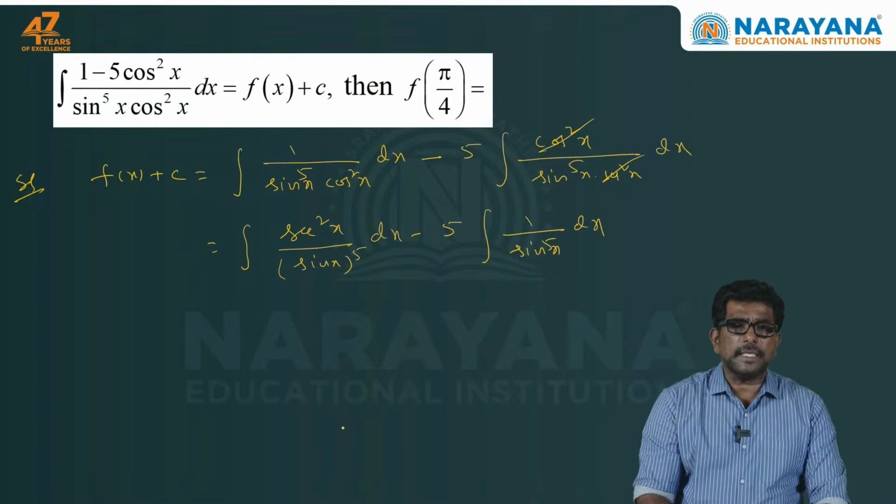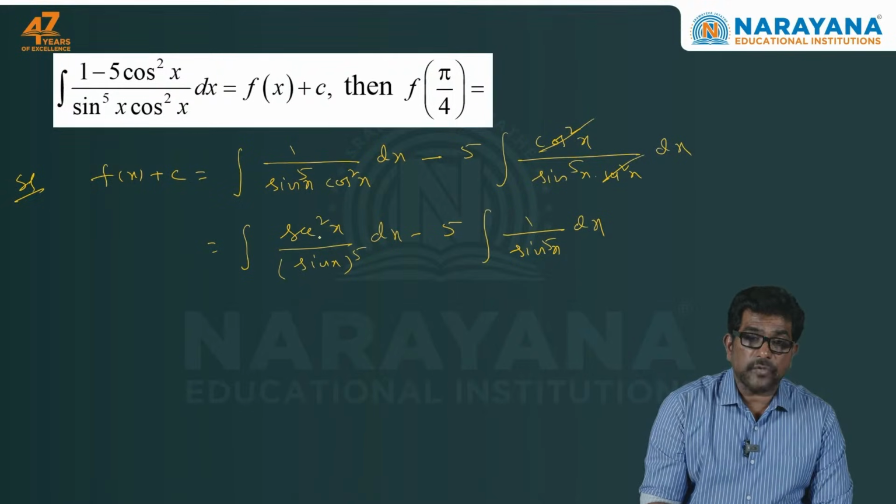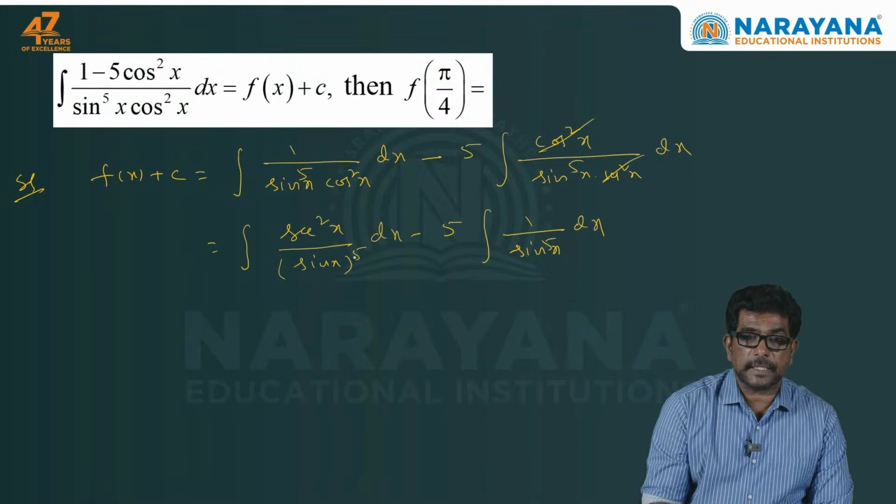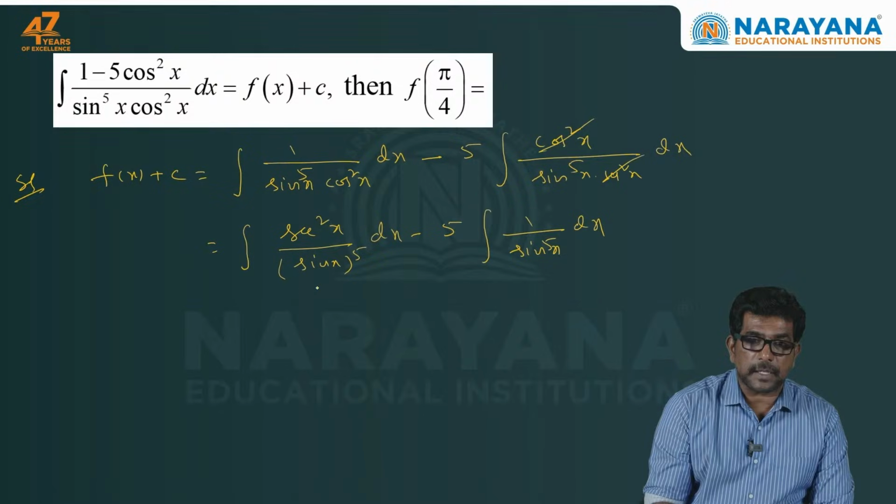Now in the first integral, it is very easy to find the integral of secant square x dx. That's why I am applying integration by parts on the first integral.